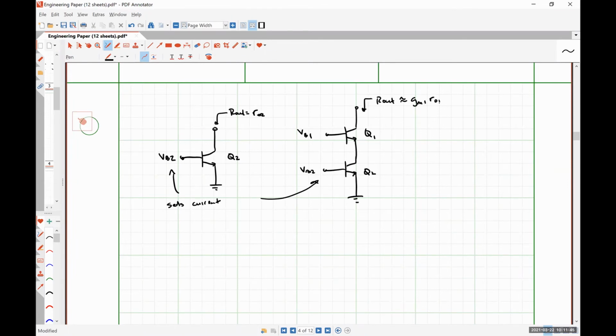GM1, R01, R02 in parallel with R pi 1. Just an alternative way of thinking about it.